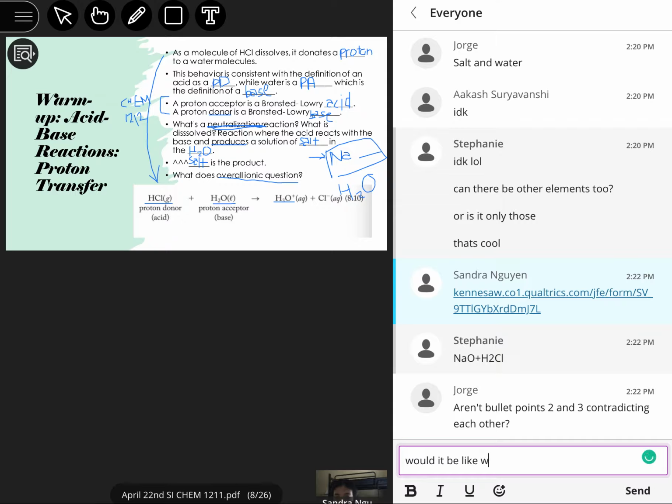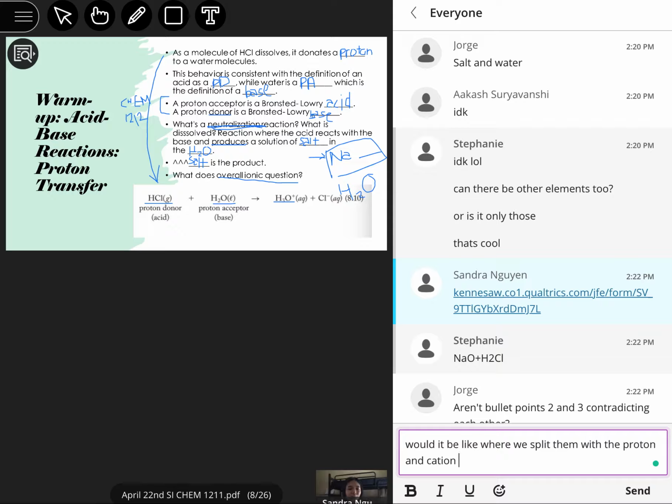Aren't both two contradicting each other? Okay, I understand. It's a thing in Chem 1212. There's two different definitions. You have the Bronsted-Lowry acid, and then you have the regular acid definition, and they switch. They're like opposite of one another.